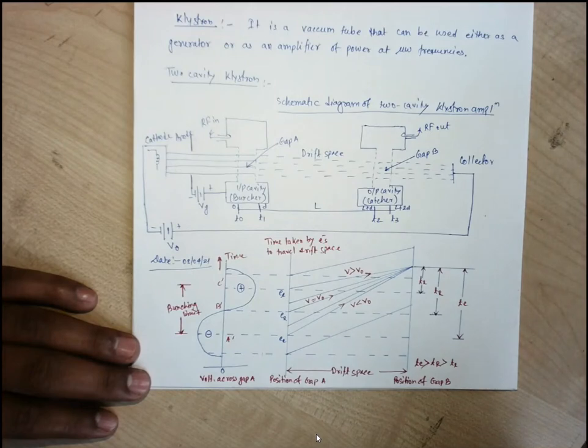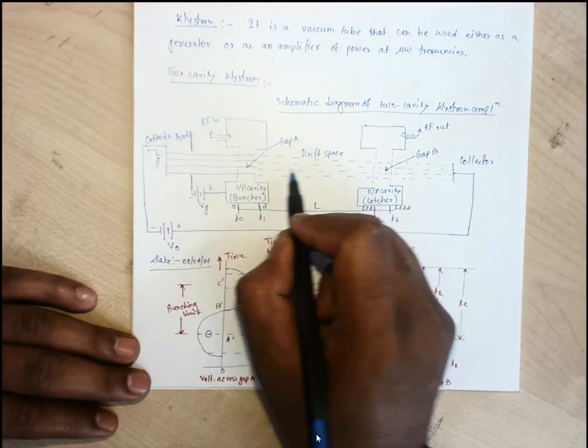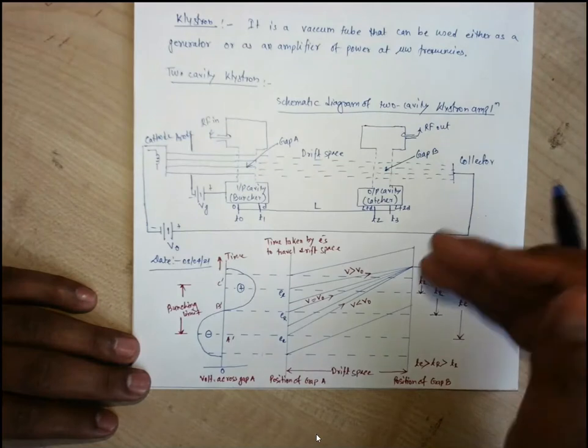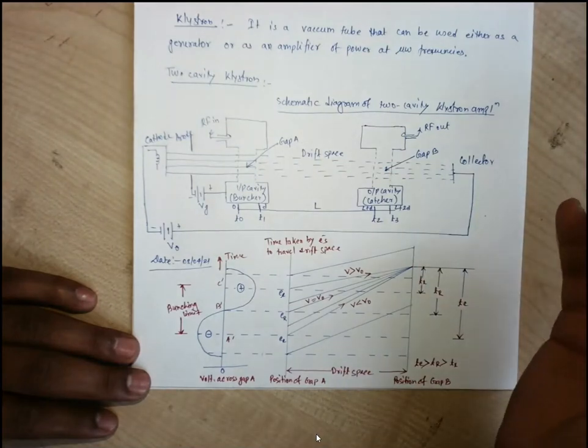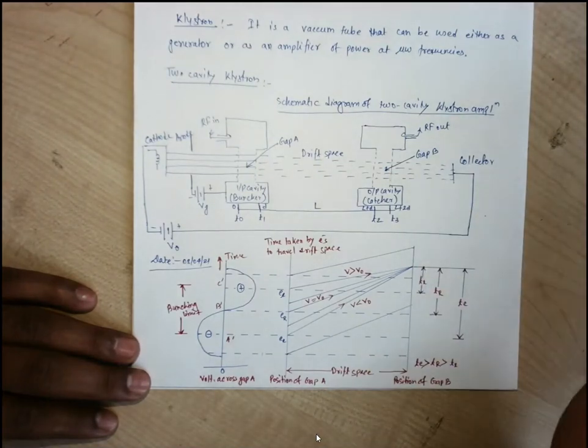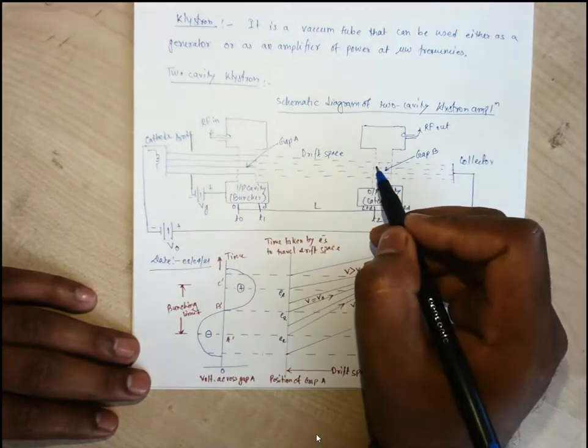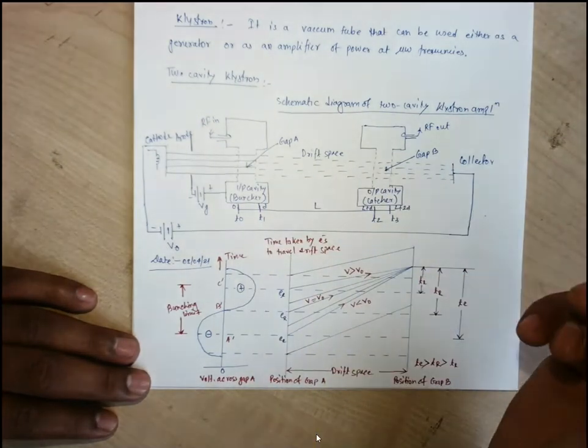So obviously a time will come when all three of them will meet at a certain point. While they have been drifting in that drift space with different velocities and started their journey at different times, there will come a time in that drift space when they will meet each other.